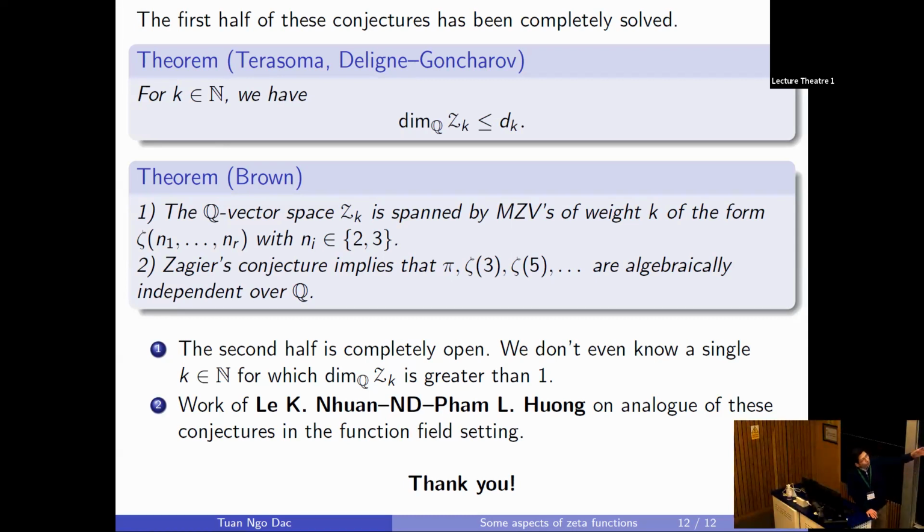For the generating part of theorem 1, there is work on more general settings. But for the lower bound, I don't think we have any result at all. It's a very tough problem in Diophantine geometry.